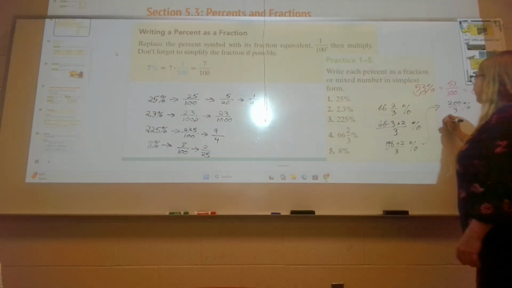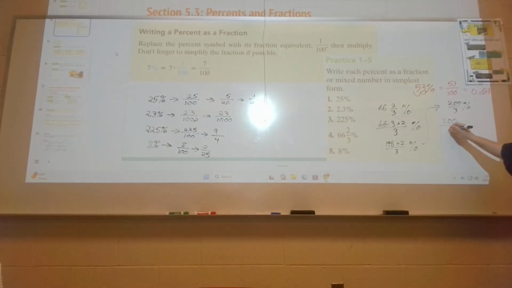So I'm going to take 200/3 and multiply it by 1 over 100. All right, that makes our trick just a little bit easier. So we get 200 out of 300, and that does reduce. That should be 2/3 in the end.